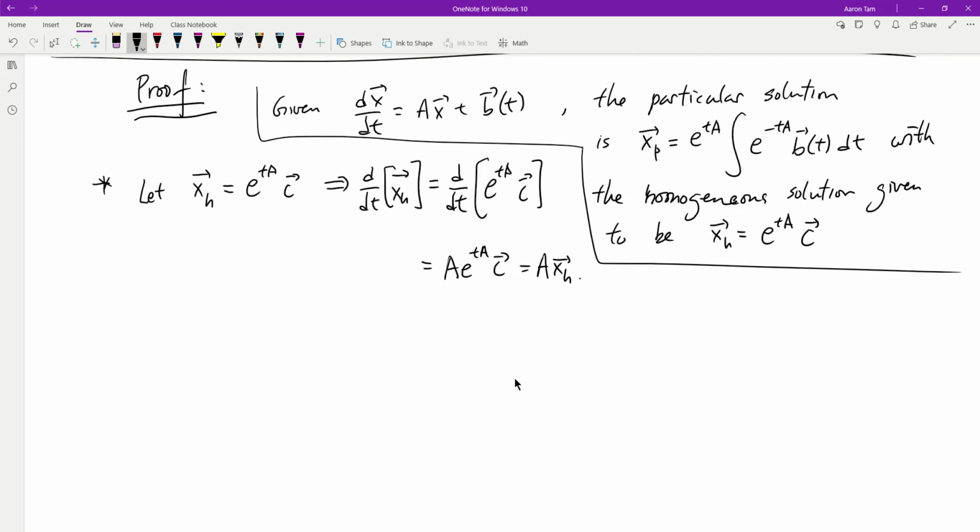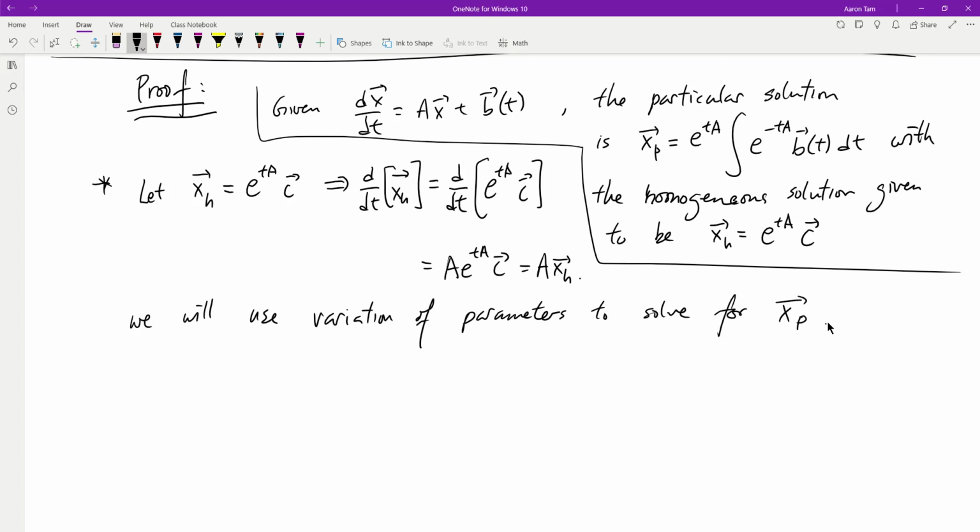The way to find the particular solution is to use a simple technique you learned called variation of parameters, to solve for vector x sub p, the particular solution.